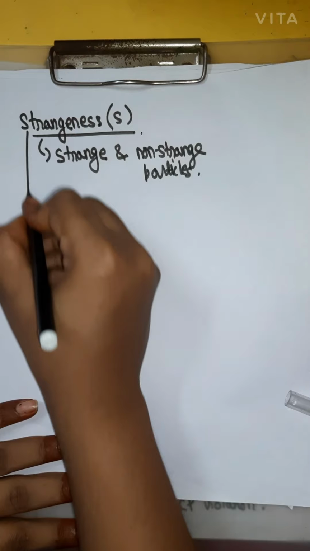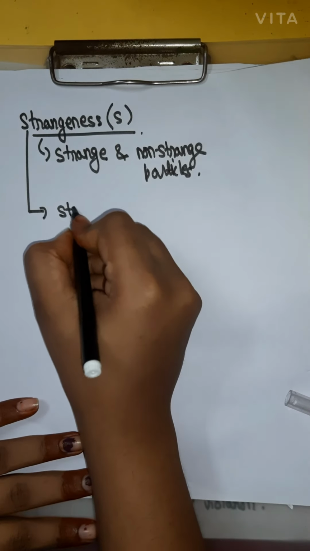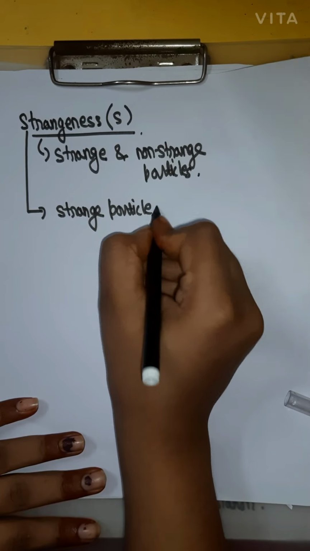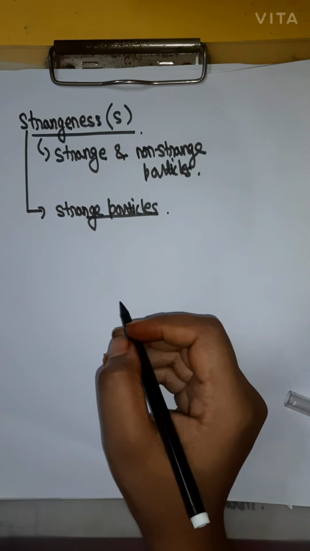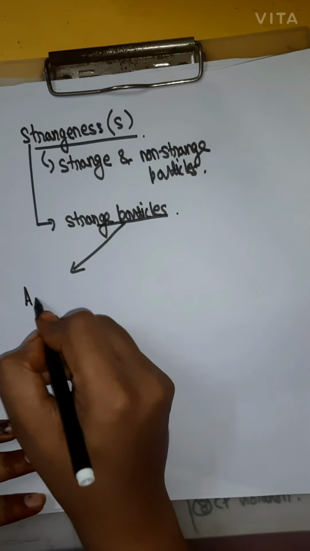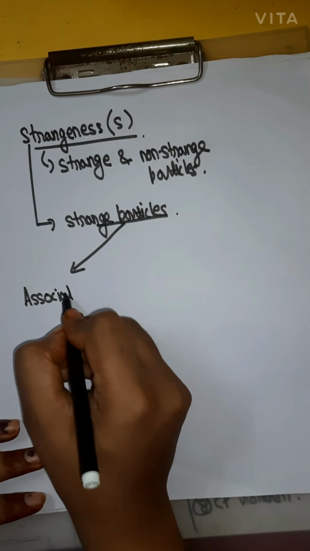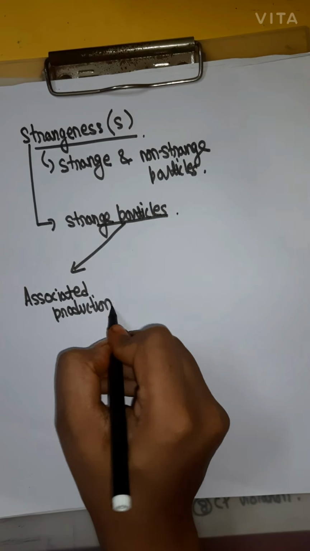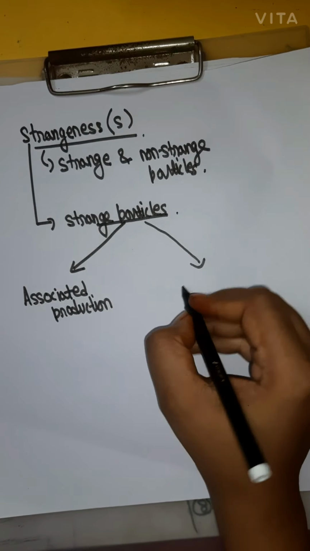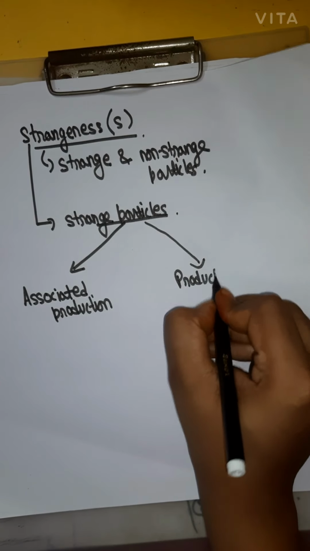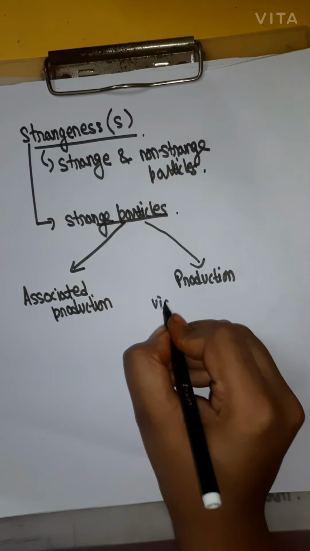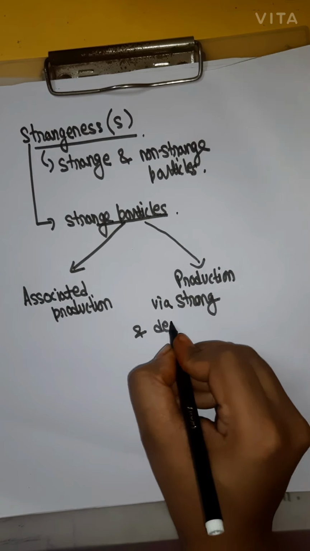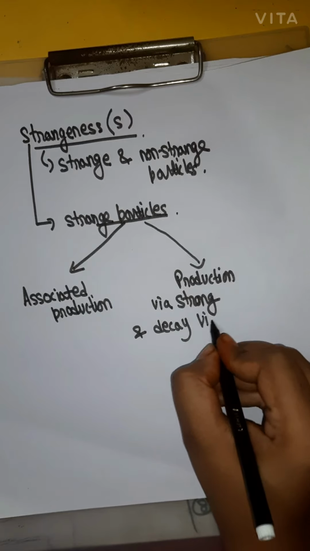Strange particles have two specific properties. First, associated production, and second, production via strong interaction and decay via weak.